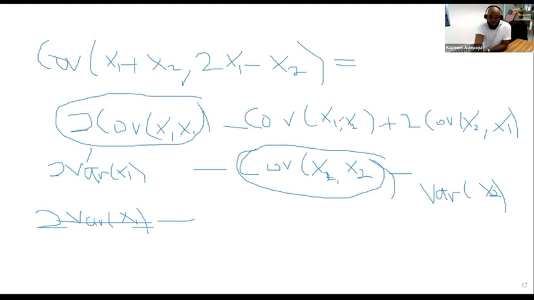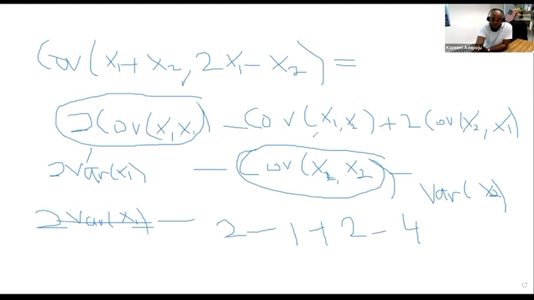So if you want to go by what they've given you, it's just going to be 2 minus 1 plus 2 minus 4, because you've been given the variance of x1 was 1, based on what you were given initially. You multiply by 2.